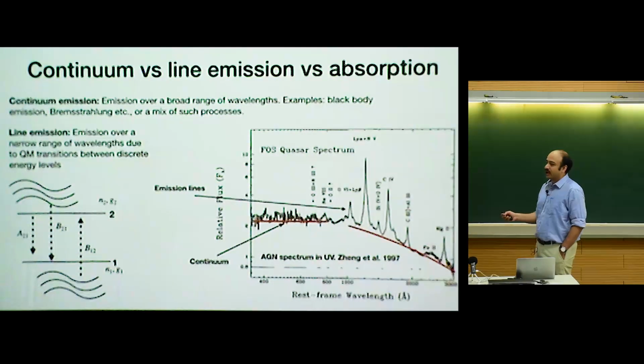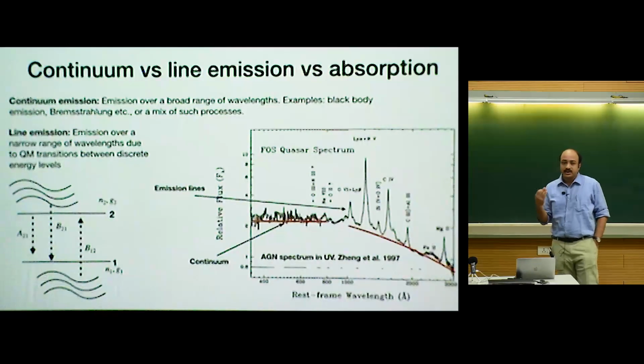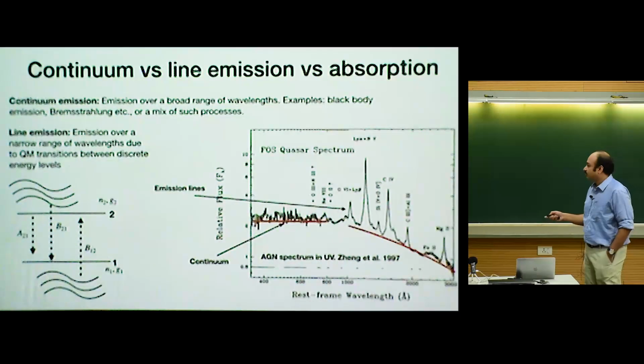But over and above, you have certain atomic elements, metals, etc., that are excited, and after getting excited, they make the transition down. Then you have these emission lines. So in a standard emission that you see, you have a continuum emission, and then you have emission lines.